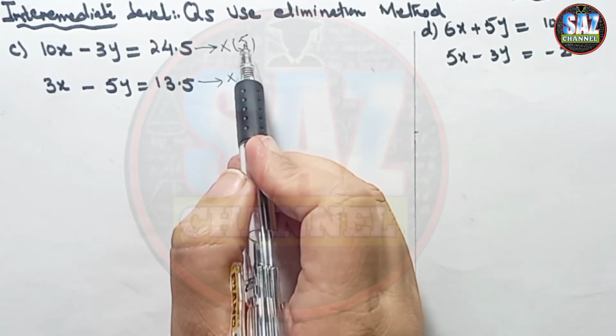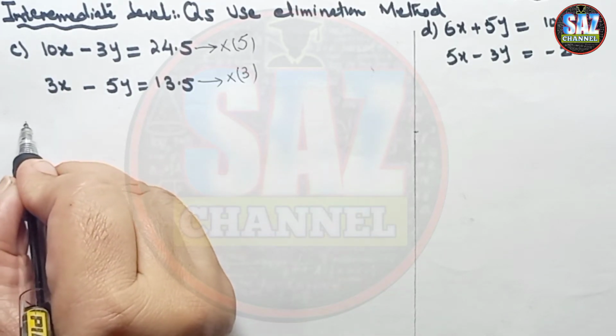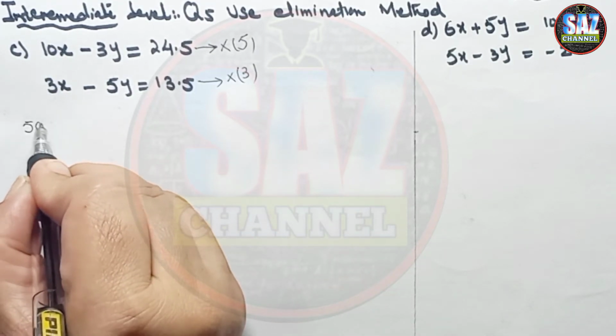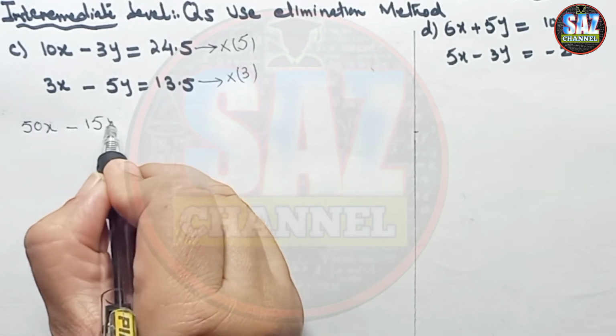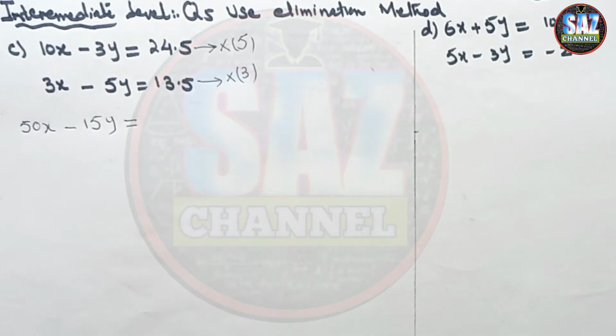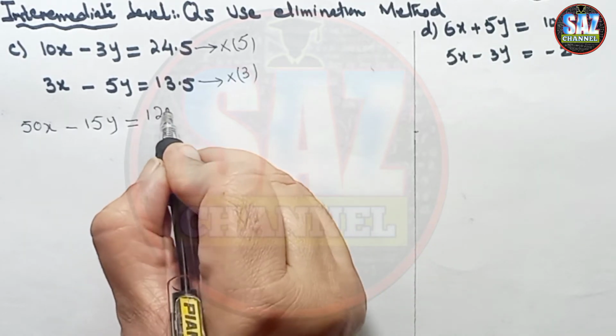So when I will be multiplying 10 by 5, the equation will take the form 10 5s are 50x minus 5 3s is 15y equals to 24.5 multiplied by 5. 24.5 multiplied by 5 will give you 122.5.